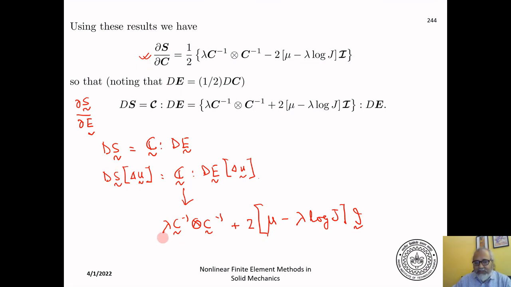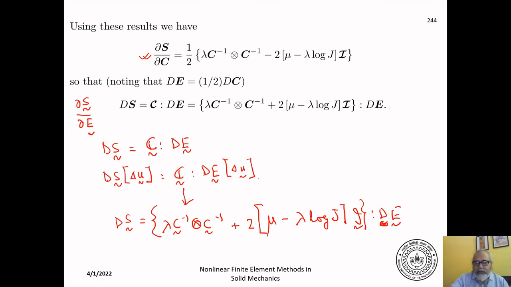That's why this change happens. Please do it yourself. This times dE would give you dS, which then directly goes into the calculation of the material stiffness.